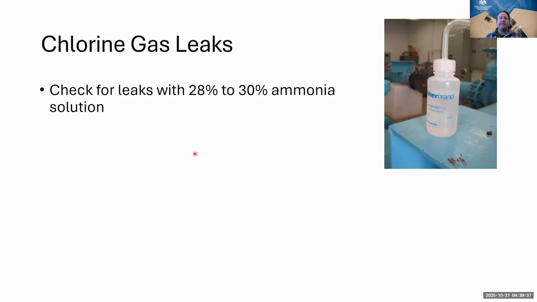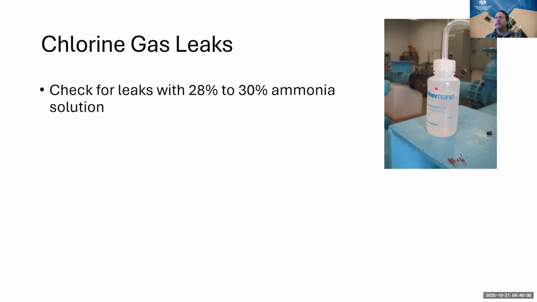For chlorine gas leaks, a great way to check for one, maybe you've just put together the ejector or the injector, or maybe the alarm hasn't gone off but you're worried about a gas leak, is to check for leaks with a 28 to 30% ammonia solution. Here is an example of this system. They've mixed up their 30% ammonia solution and put it in this squirt bottle, which they can spray on joints to determine if there's a chlorine gas leak.